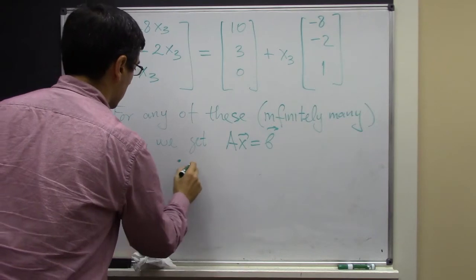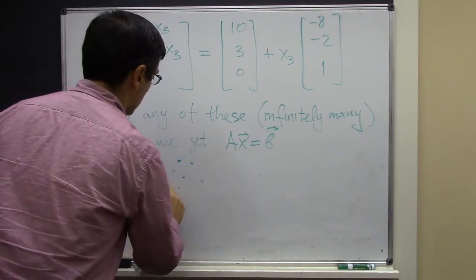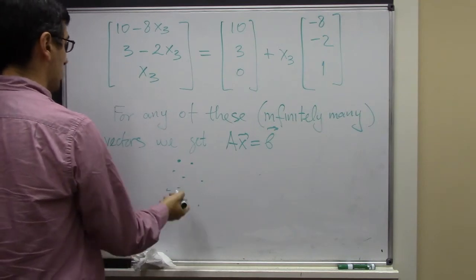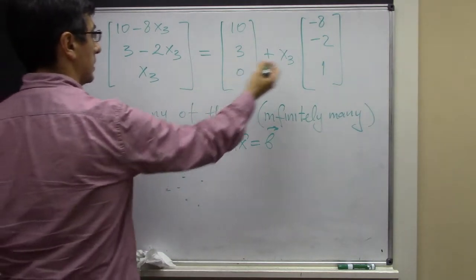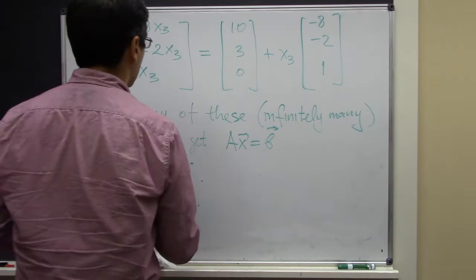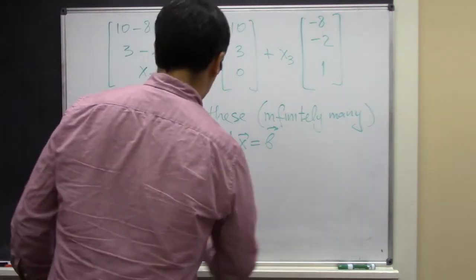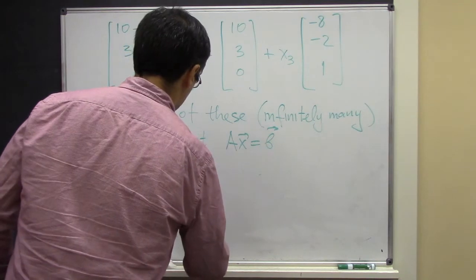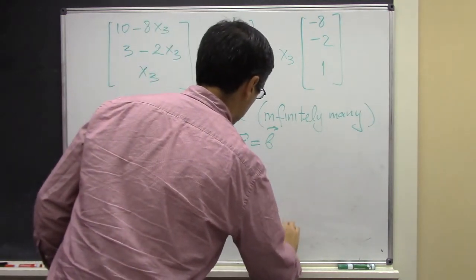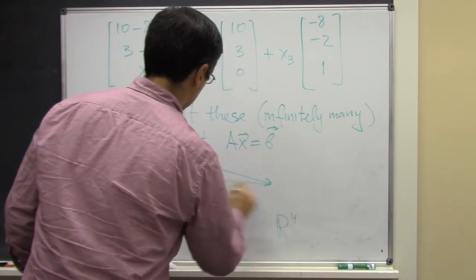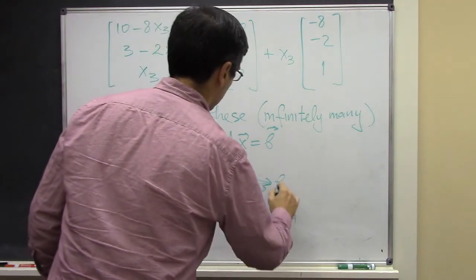You can imagine them as points in R3. The domain is R3 and the codomain is R4, and all these vectors will map to the same b.